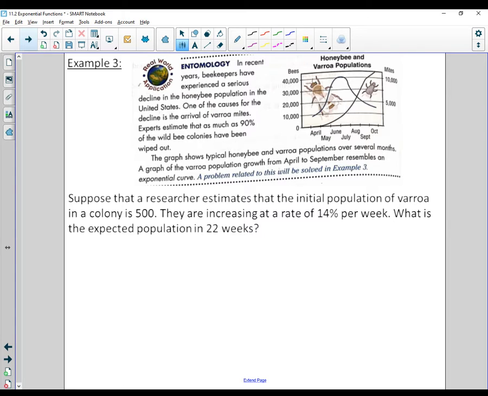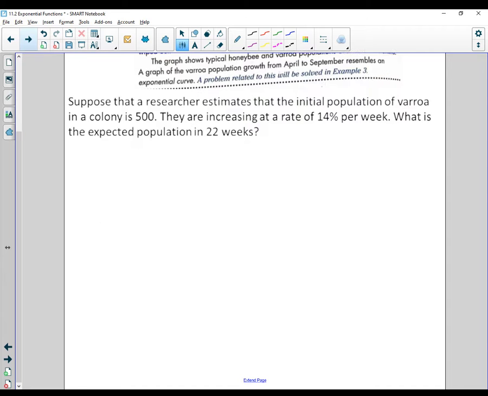Suppose that a researcher estimates that the initial population of Varroa in a colony is 500. They're increasing at a rate of 14% per week. What is the expected population in 22 weeks? Well, it's a good thing we have our other equation, where it was N, what we want to end with.